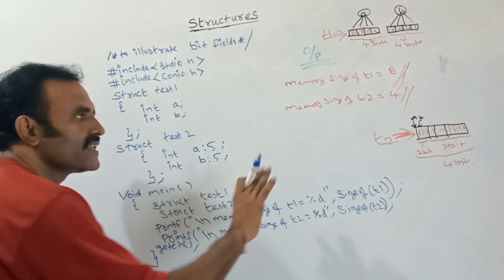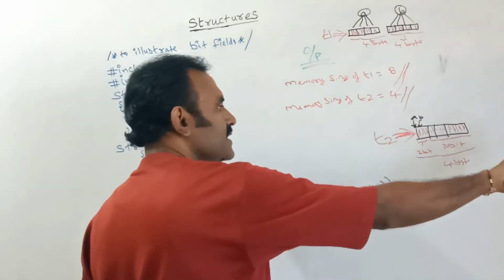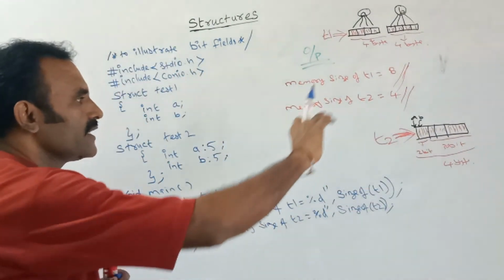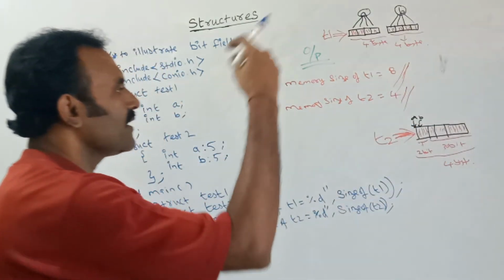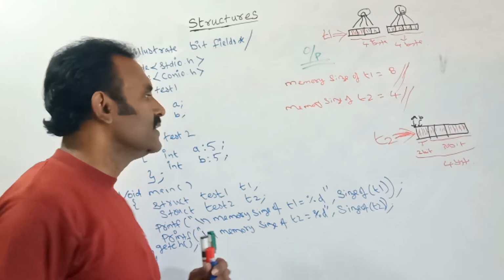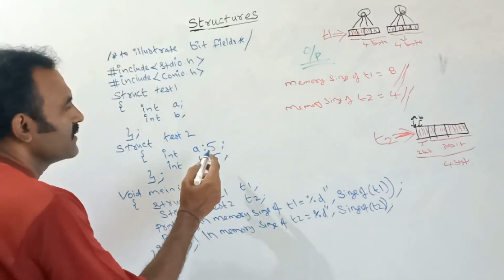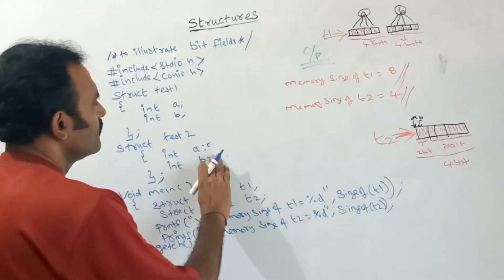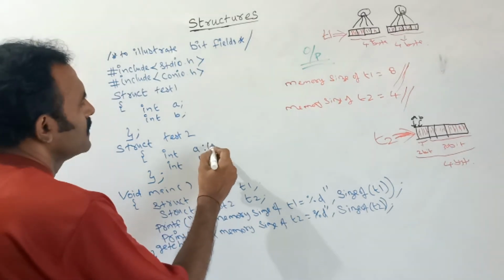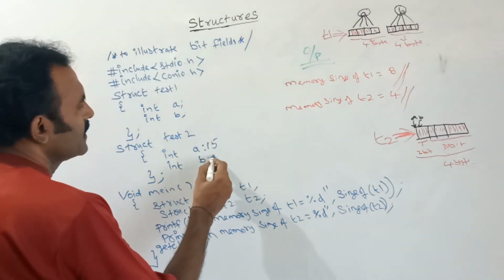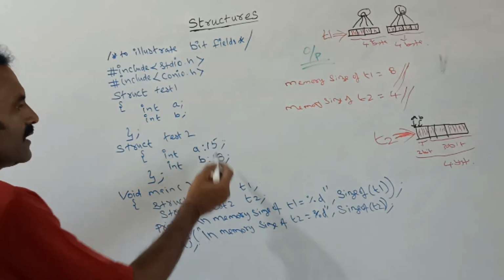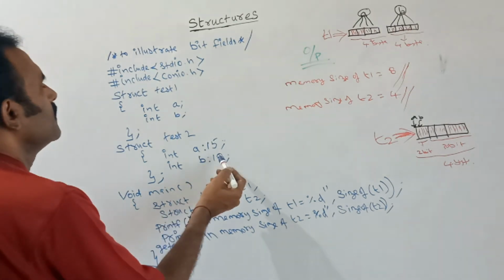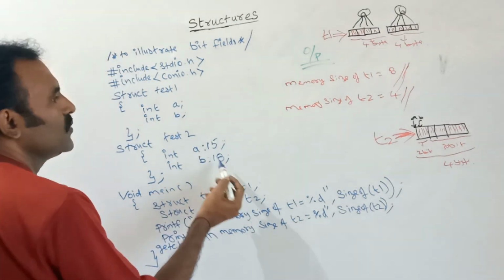See, once it crosses this 32 bit boundary, then in the next cycle it will read another 4 byte and allocate the memory for the bit field. For example, if you are giving 15 here and 18 bits here, then totally how many bits? 33 bits.